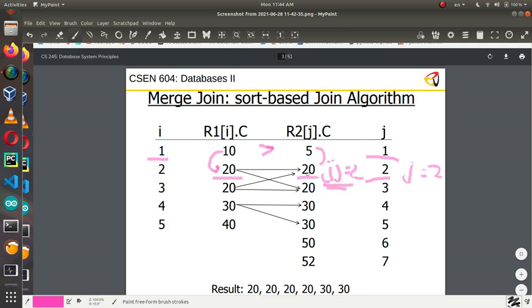So 20 and 20, join them, increment jj. 20 and 20, join them, increment jj. 30 and 20, they are not the same, so exit and destroy jj and increment I. Back again to j, now 20 and 20, enter the nested loop, create jj again. 20 and 20, join them, increment jj. 20 and 20, join them, increment jj. 30 and 20, they are not the same, stop the nested loop, increment I.